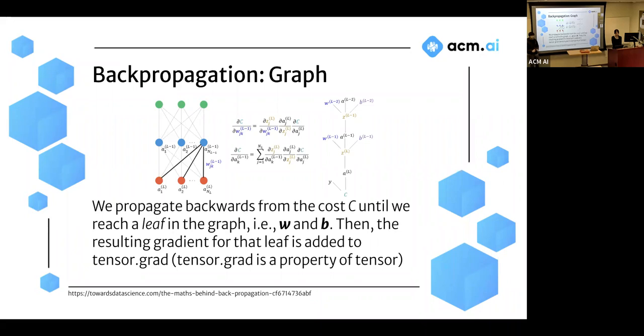Every time you do backpropagation, you do that whole chain rule gradient accumulation, matrix multiplication, matrix multiplication. When it reaches one of your trainable parameters, it takes that gradient, and because via these operations the dimensions will match, it adds that resulting gradient to tensor.grad.